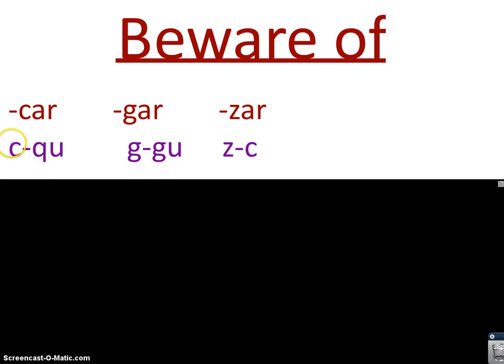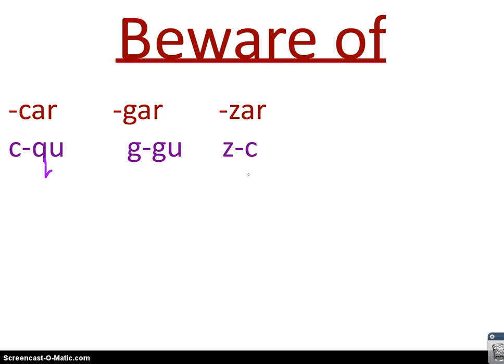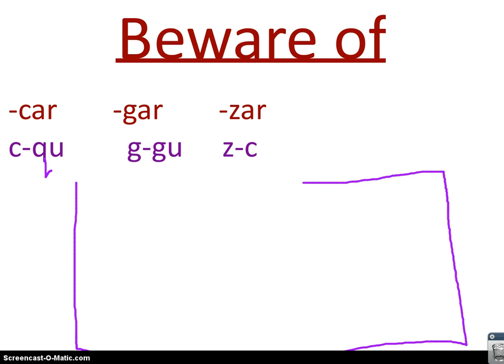So of course we have to change car verbs from C to QU, and if you want full credit, your Q's will have tails. Gar verbs change G to GU, and your G's will have tails, and zar verbs change Z to C. In order to get complete credit for your notes right here, I would like you to choose a car, gar, or zar verb of your choice and conjugate it in that space in your note.